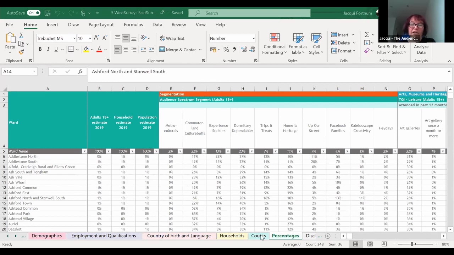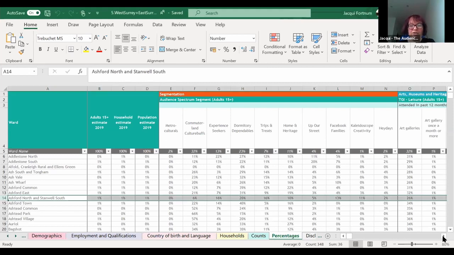So, the other thing worth pointing out in terms of the counts and percentages is that, particularly in more rural wards where the population might be smaller, even if a particular segment or demographic group appears at a relatively small proportion, that might still account for a large number of people.